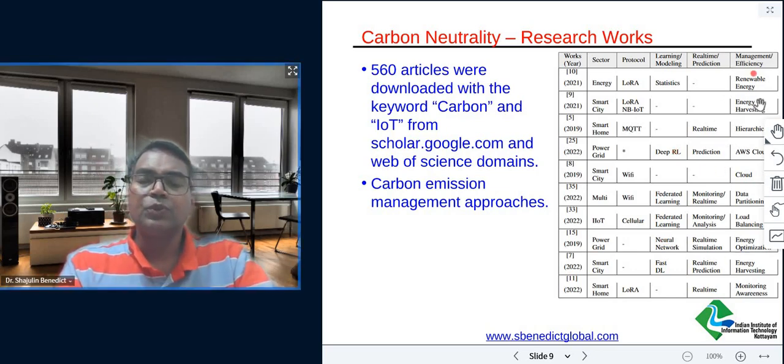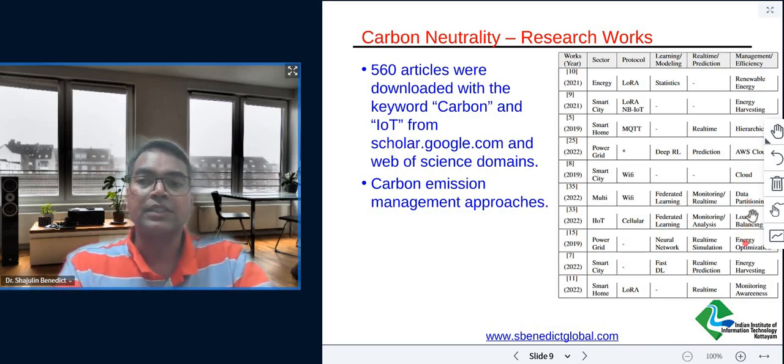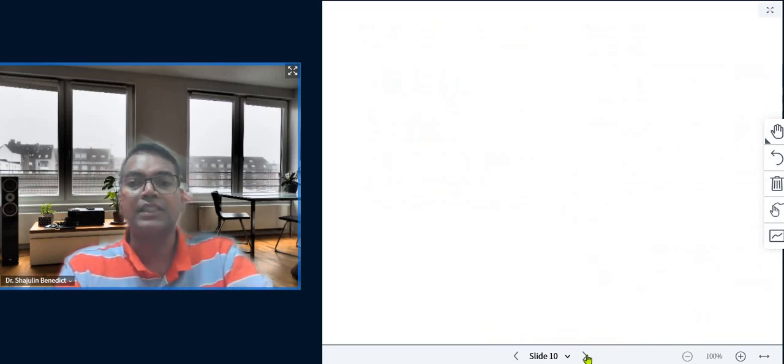You could also observe some are more towards harvesting, some target the efficiency aspects in the cloud. Most importantly, optimization and the energy harvesting methods were practiced in the past.